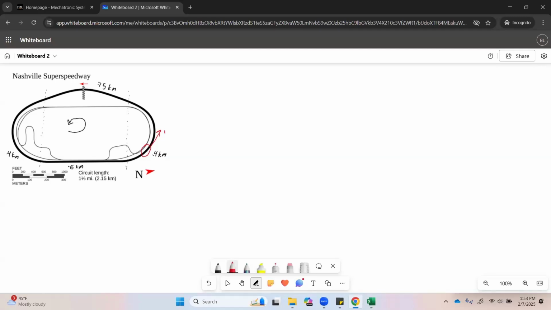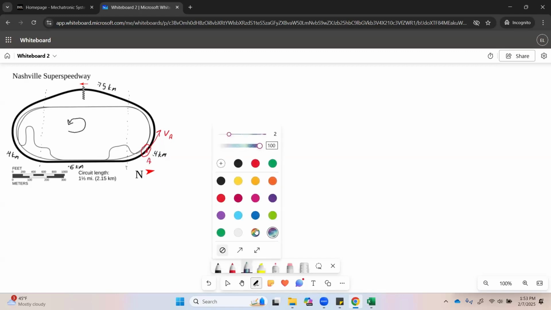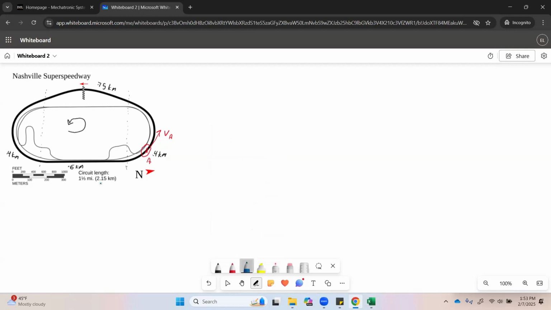We'll call this VA. So this is car A. And then we'll have another car back here, and that's going straight with speed VB, and this car is B.